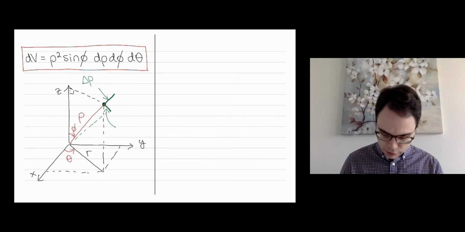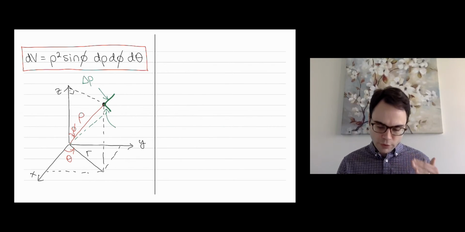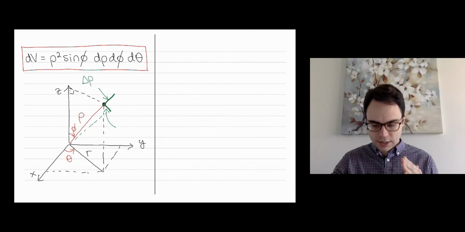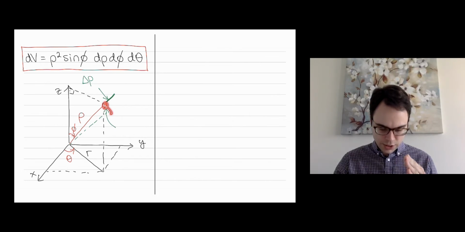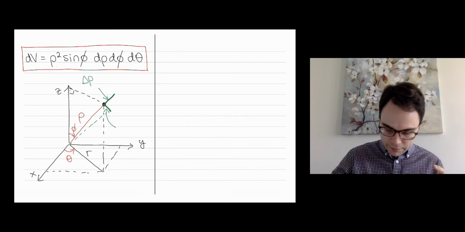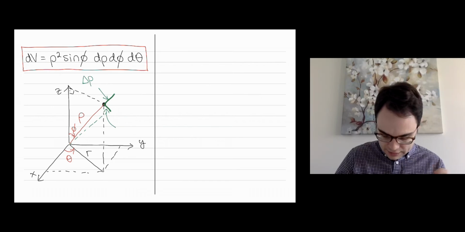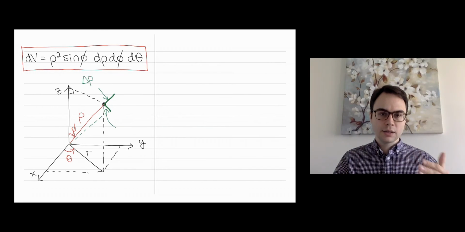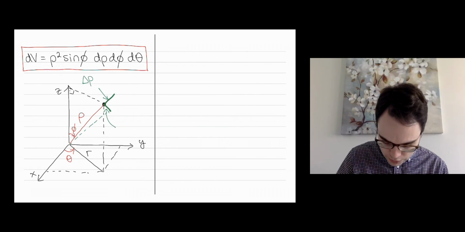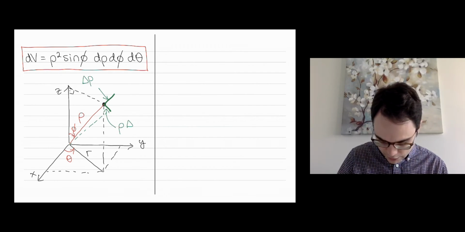The distance from the origin stays rho, but the angle with the z-axis changes. So this is a small arc in a circle of radius rho, and the angle is delta phi. If I move delta phi radians in a circle of radius rho, this length over here is rho times delta phi.